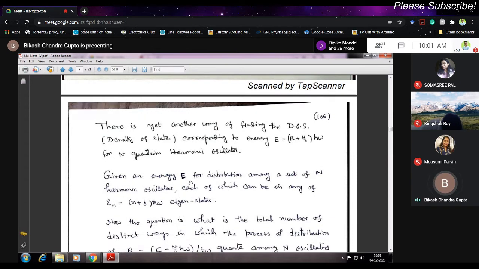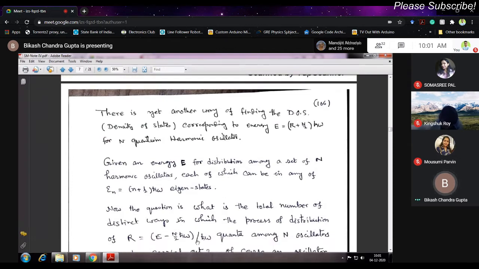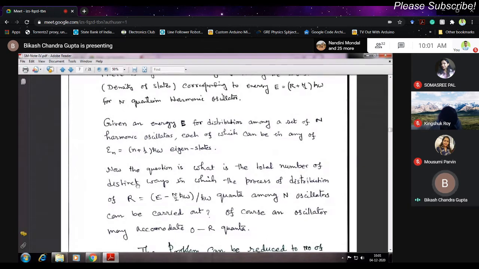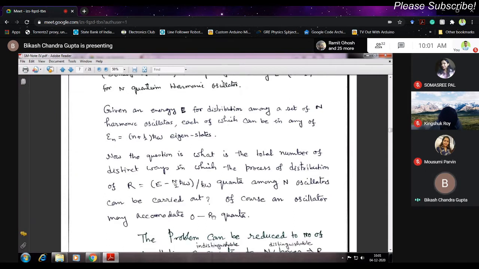Given an energy E for distribution among a set of n harmonic oscillators, each of which can be in any of these energy states, because each oscillator has this form of energy states, and n can run from 0 to infinity, it could be anywhere among these possible single particle states, right? So now the question is, what is the total number of distinct ways in which the distribution of r quanta among n oscillators can be carried out?